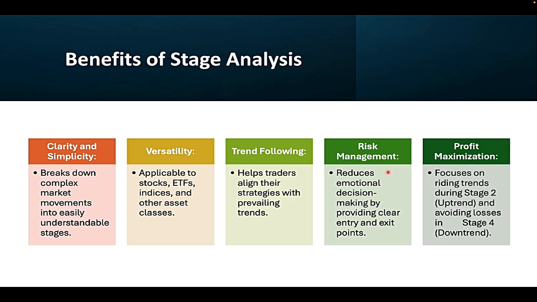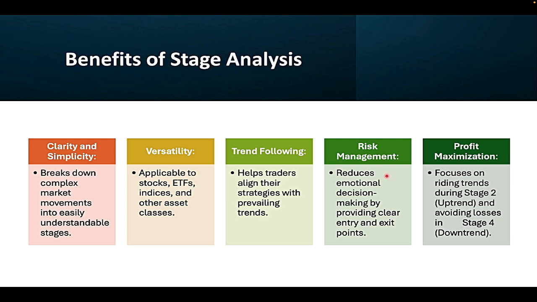As soon as the stage one breakout happens, you go into the trade. As soon as you see topping signs and stage four begins, you exit from stage three only. So basically, you put trailing stop losses.